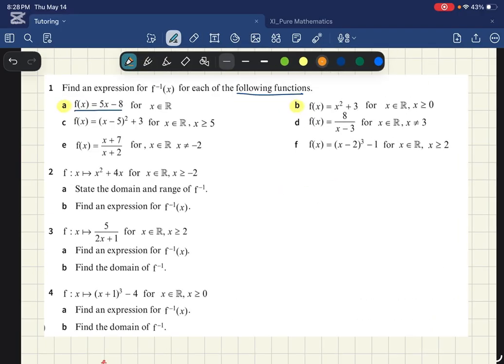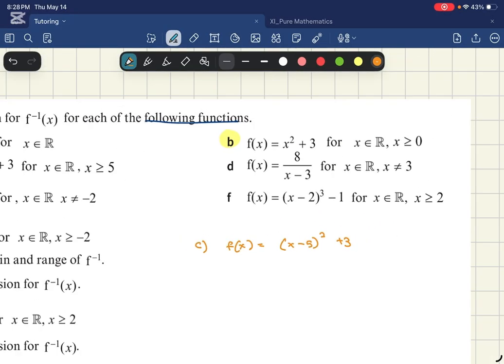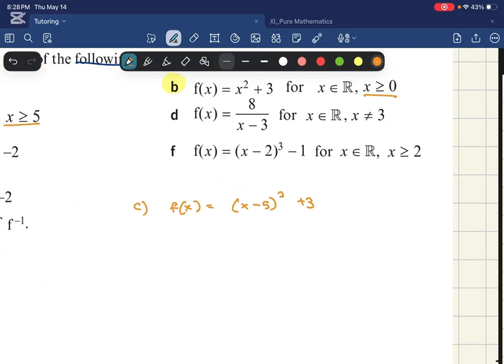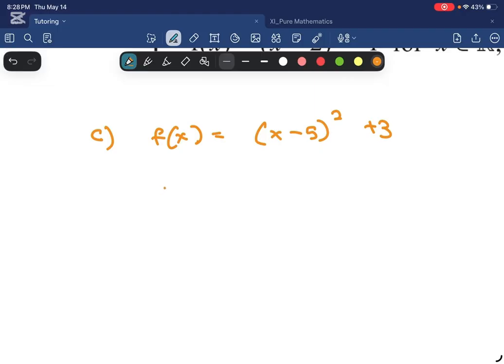Part C gives us f of x is equal to (x minus 5) squared plus 3. And you are given the domain restriction, right? So this is going to be the range of your inverse function. So y is equal to (x minus 5) squared plus 3.